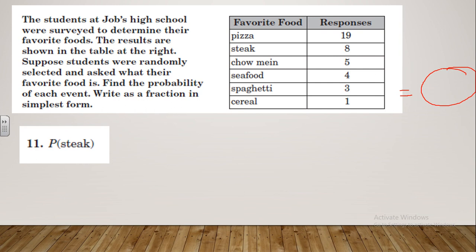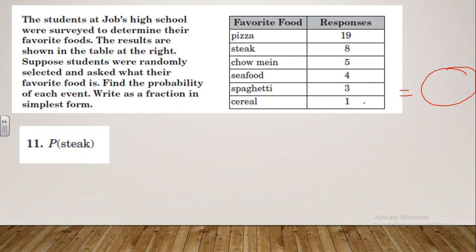So we said that for the probability of anything, you make a fraction: up you write the number of what he asked, and down you write the total, okay? So let's find the total. It will be 19 plus 8 plus 5 plus 4 plus 3 plus 1.